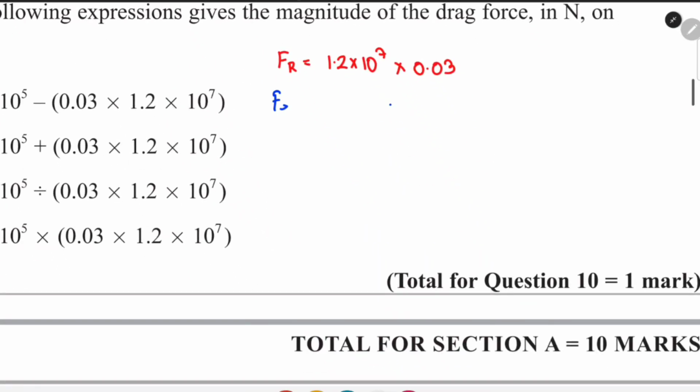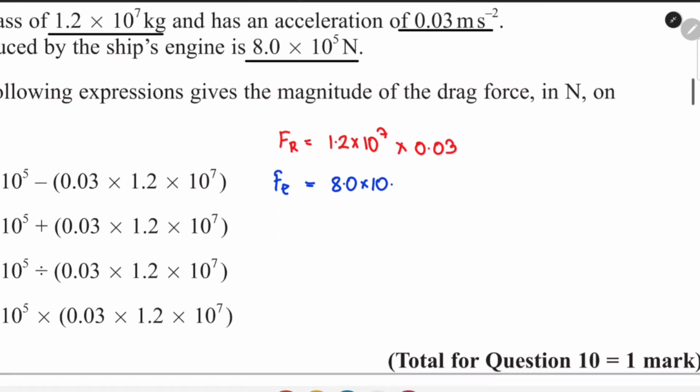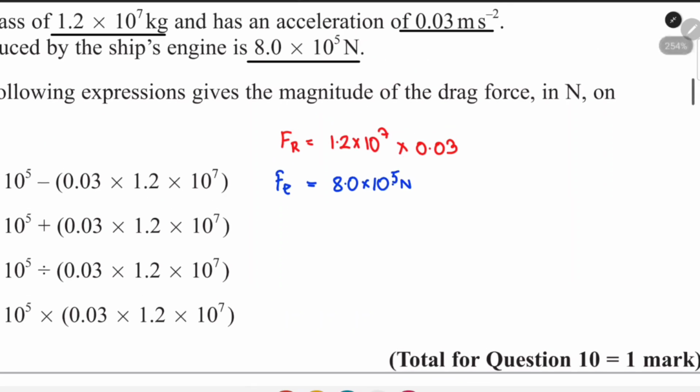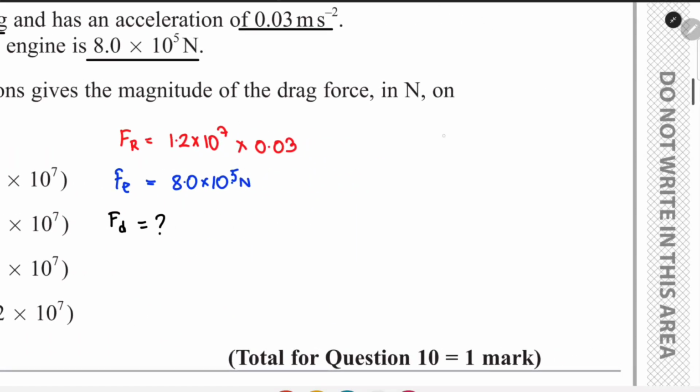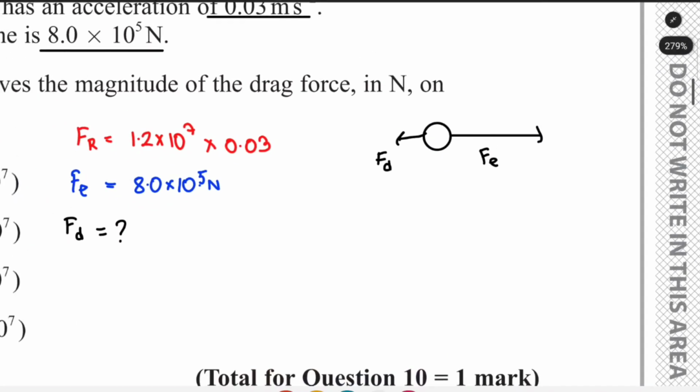Now the force by the engine Fe is equal to 8.0 into 10 to the power 5 Newton. And finally we have the drag force Fd, which we have to find out. Now if I draw the force diagram for the ship, we have a forward force by the engine Fe, a backward force by the drag Fd, and the resultant of these two is Fr, the resultant force.